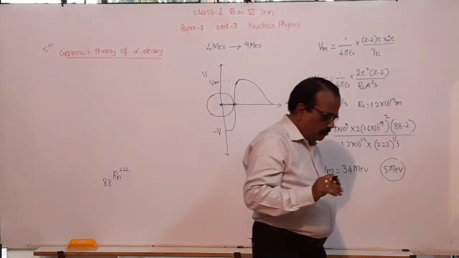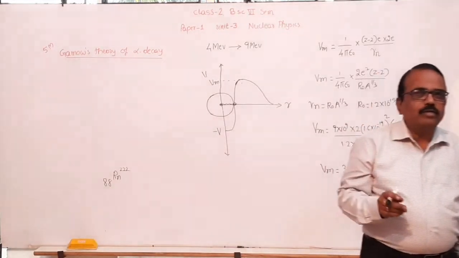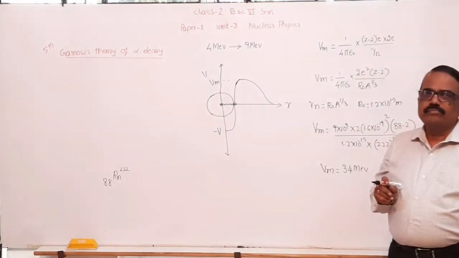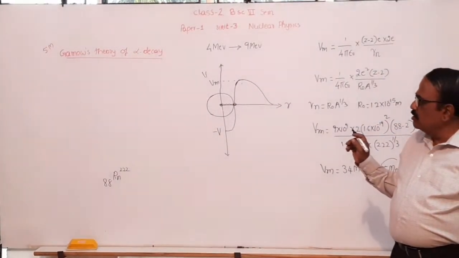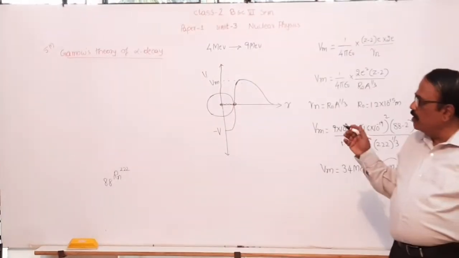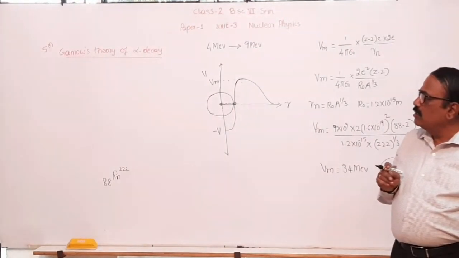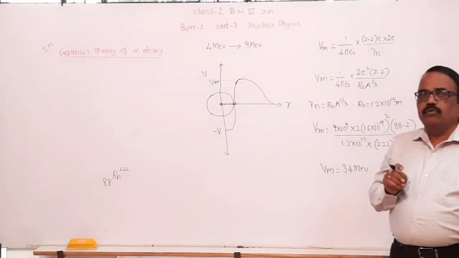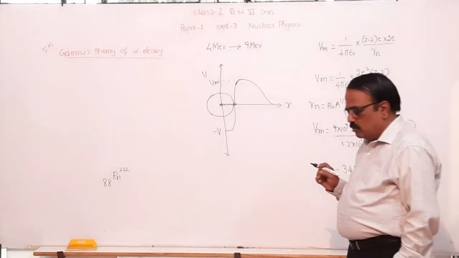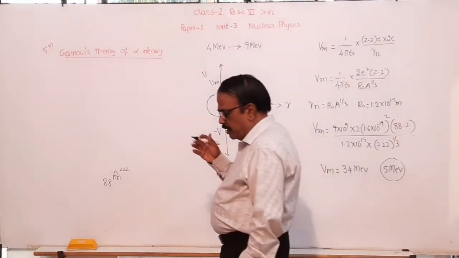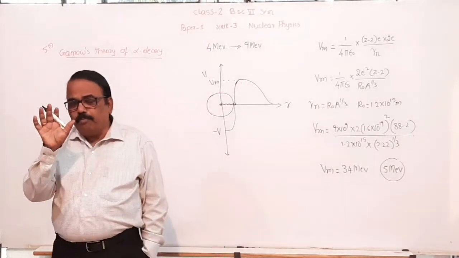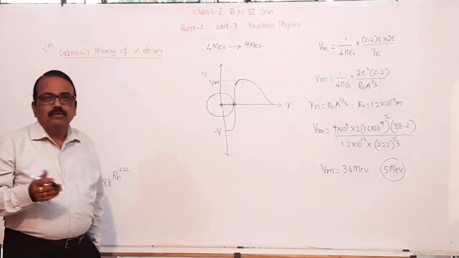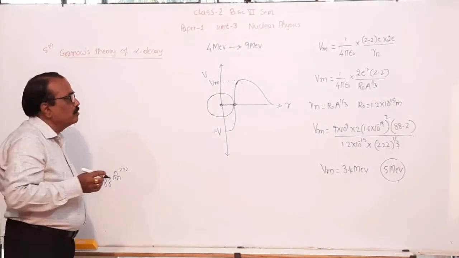But according to quantum mechanics, this alpha particle can come out through, or penetrate through, a potential barrier. You know what is that potential barrier?